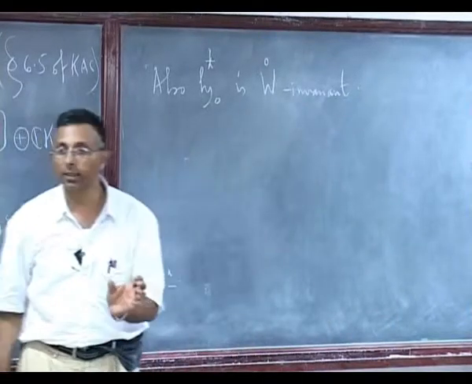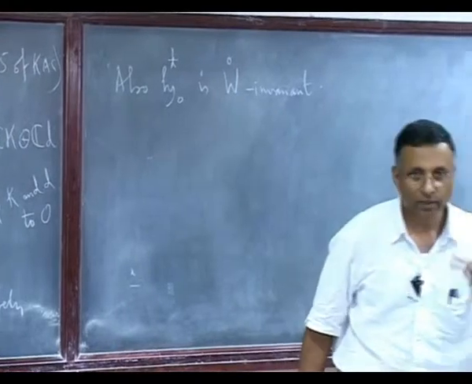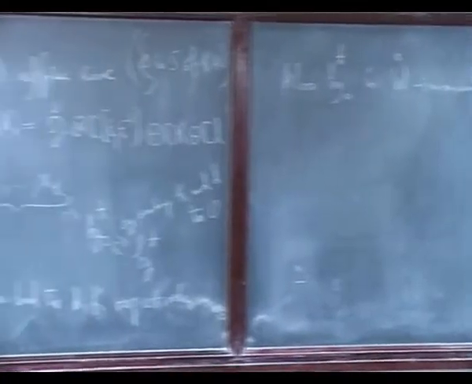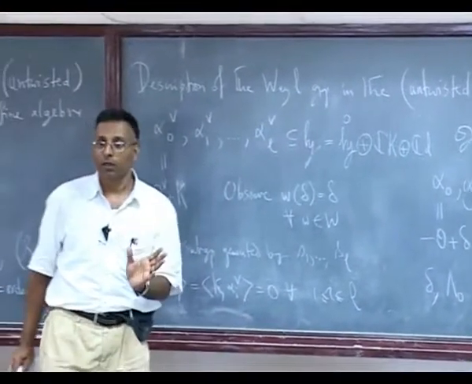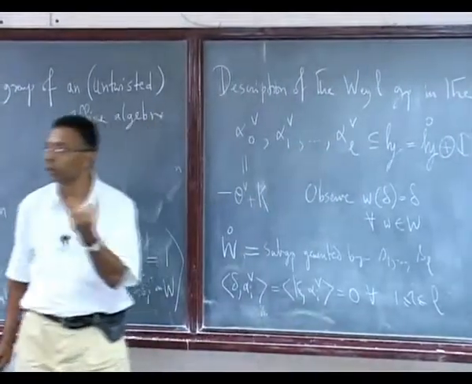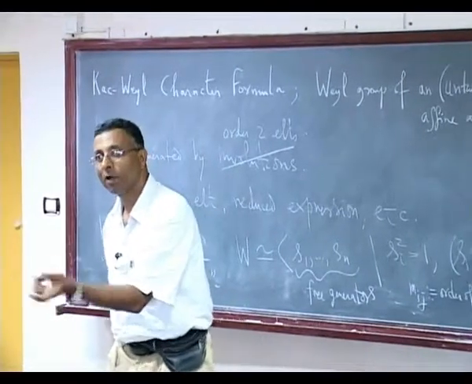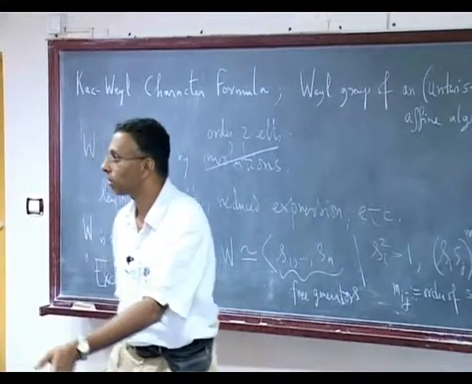What we are driving towards is that this W naught is actually the group of a finite Weyl group. Now that again is obvious, because how are you going to change it? Take an element of H naught star. If you apply one of the s_i's from here, 1 through l, how are you going to change it? You are going to add some multiple of that coroot, but that coroot lives in H naught star.